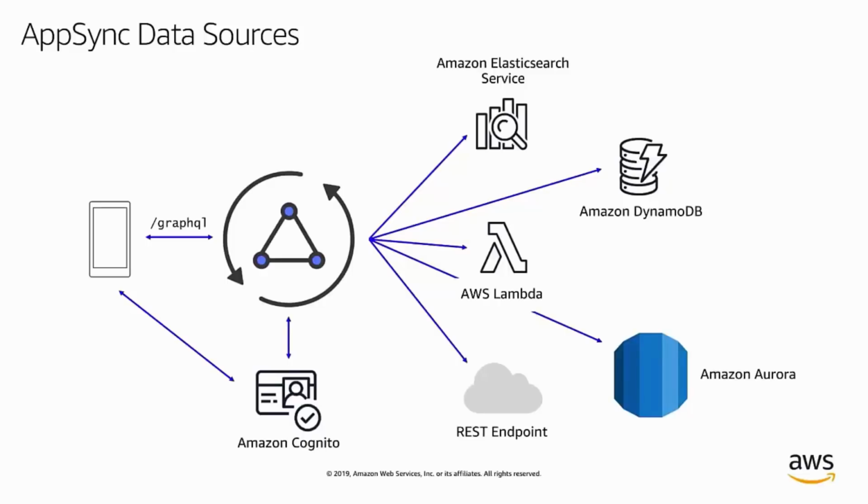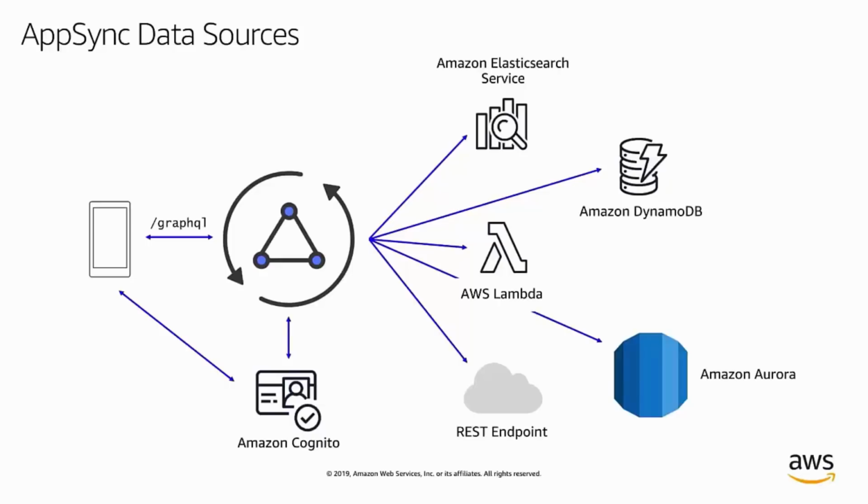The different data sources that are available first class right now with AppSync are Amazon Elasticsearch, Amazon DynamoDB, Amazon Aurora, which was recently added, Lambda, and then we also have a basic implementation for adding REST endpoints.